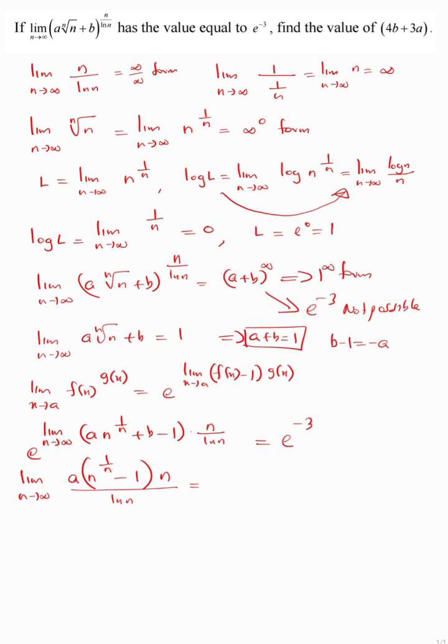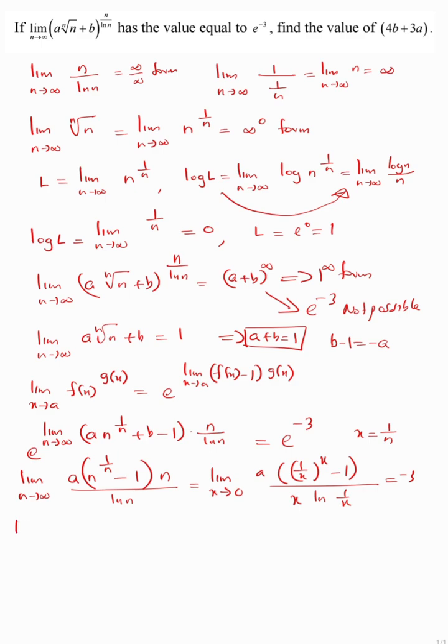Now let me find this limit. To solve this one, I am going to use a substitution. X equal to 1 by n. So this is a, and this will be 1 by x raised to x minus 1, and n will be 1 by x, ln 1 by x. What is this limit? Its limit is equal to minus 3.